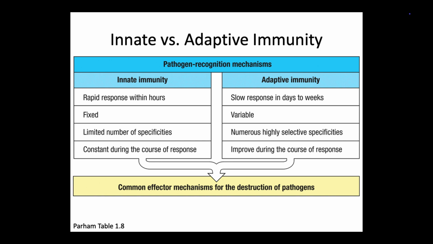So the innate immune system is fixed, constant during the response, while the adaptive response improves during the course of the response. Another way of phrasing that is that the adaptive response, when it gets better, remembers your past infections and improves based on that. So it shows a property known as memory in the adaptive immune response.